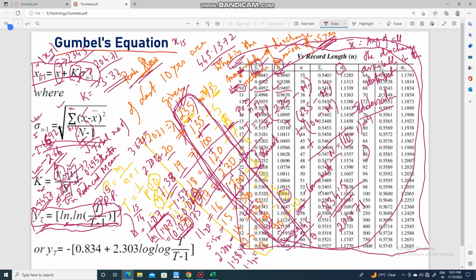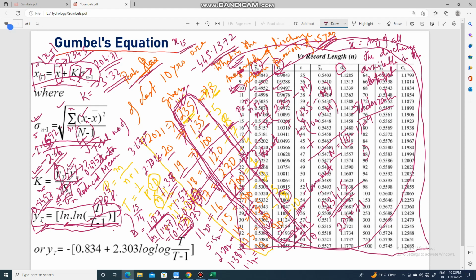Put the value of k, minus 3.32, into this expression. Here x mean is 234.5, calculated in step 1. Sigma is 204.71, calculated in step 1. And k is minus 3.32, calculated in the previous step. If you put all these values into this expression, you will find that the magnitude of discharge for a return period of 15 years, that means x15, equals minus 445.1372.